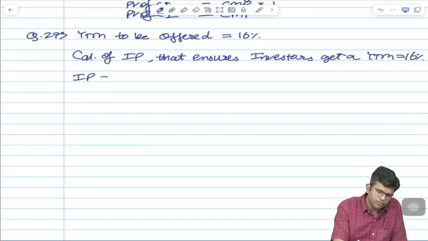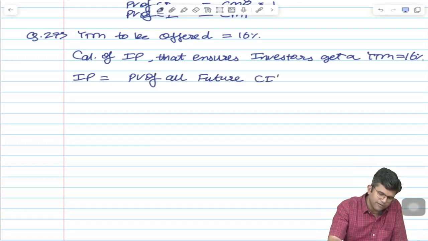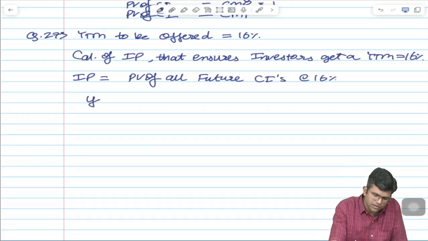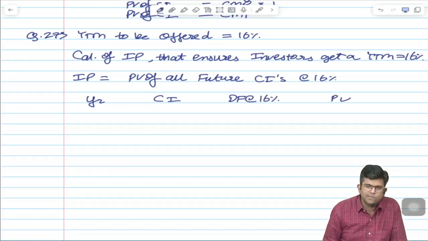Next line, issue price equal to PV of all future cash inflows at the rate 16%. Year, cash inflow, DF at the rate 16%, present value.